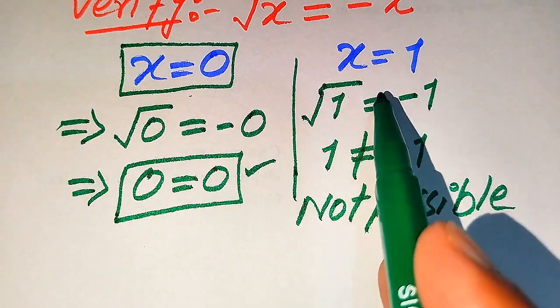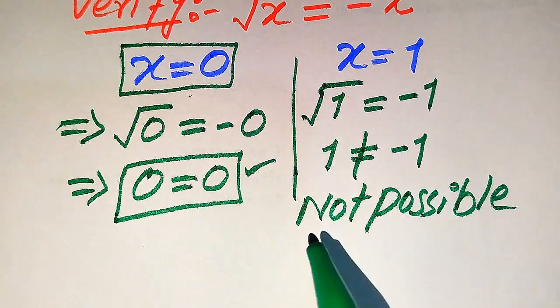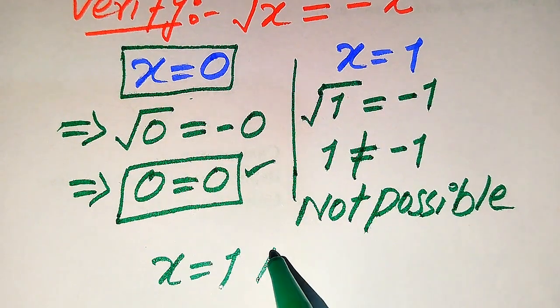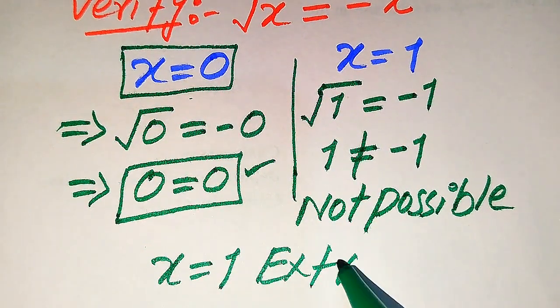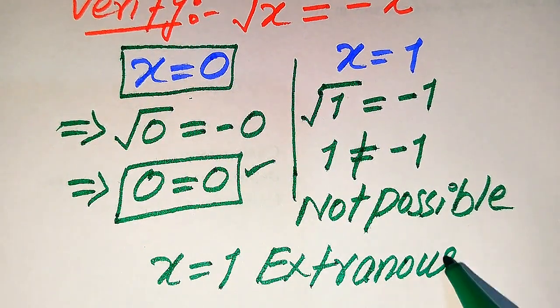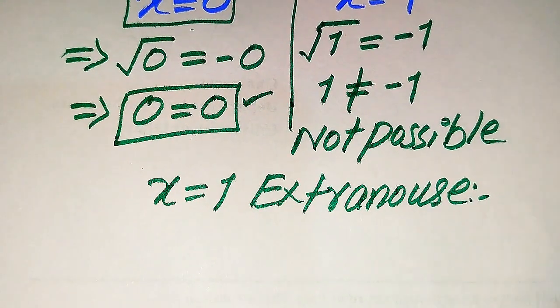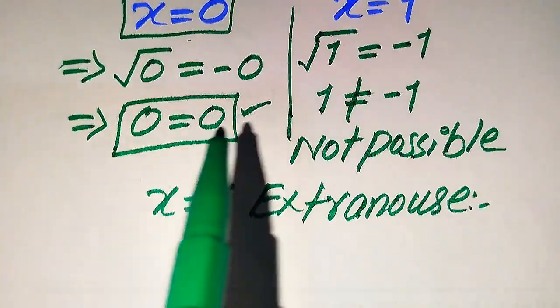So the conclusion about x equals 1 is that x equals 1 is the extraneous root of the given equation. So here I can explain the term extraneous root. The roots which satisfy our given question statement are called the solution, like x equals 0.